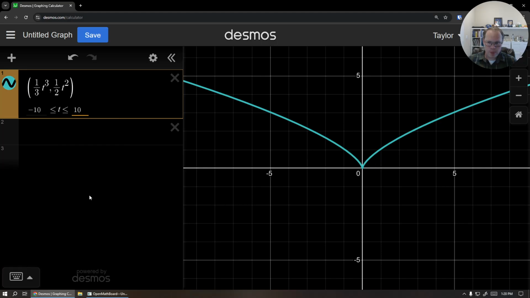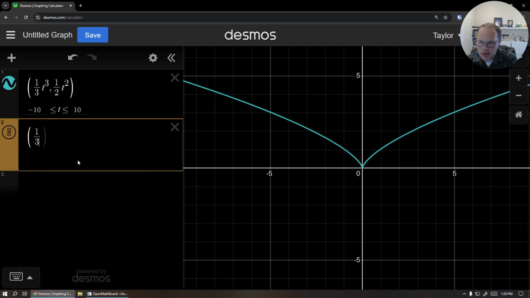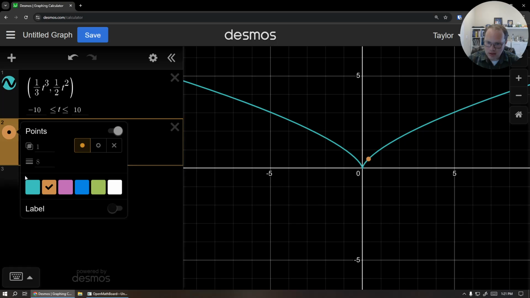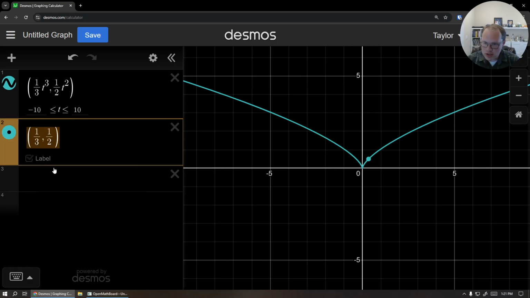Now let's plot the unit tangent vector. So this is going to be when t is 1. So I'm going to start off by plotting the point. The point itself would be 1/3, 1/2. Right? When t is 1, I get 1/3, 1/2 right there. Okay, leave that blue. So the unit tangent vector starts at this point.